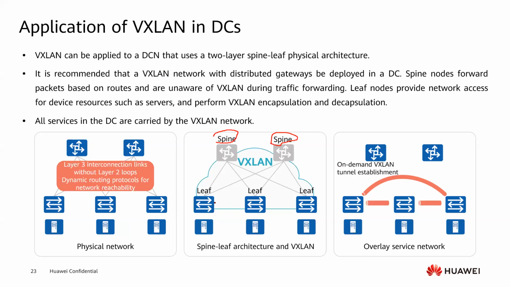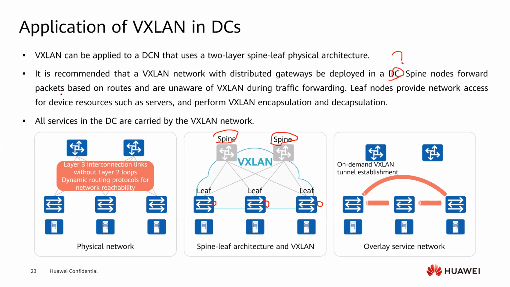I mean all the leaf devices run the overlay protocols, which in this chapter is VXLAN. And all the spine devices only do traditional layer 3 forwarding. It is recommended that a VXLAN network with distributed gateways be deployed in the DCs. And why? You can just mark it, and we will answer it later.